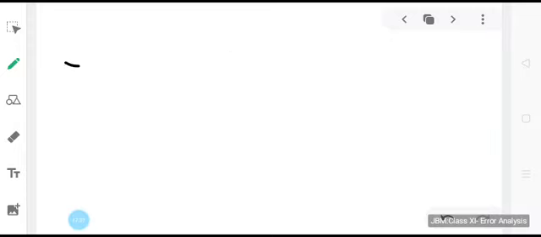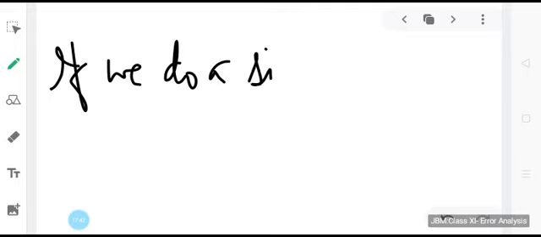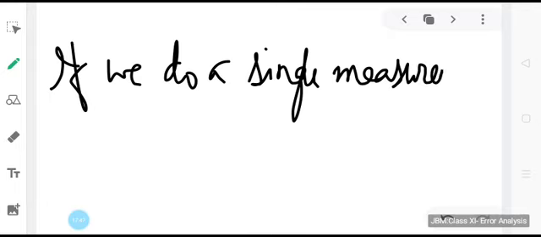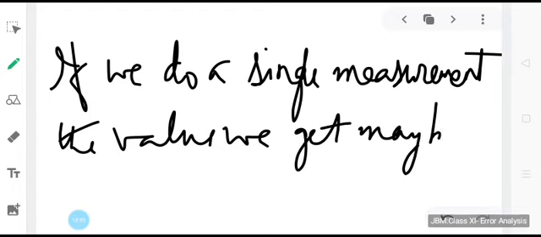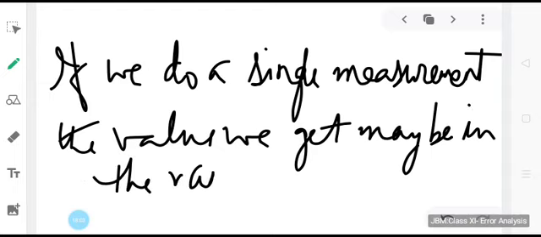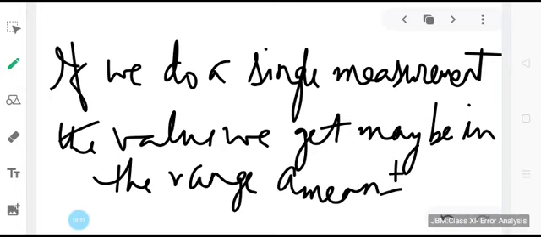So if we do a single measurement, the value we get may be in the range A mean plus minus delta A mean.